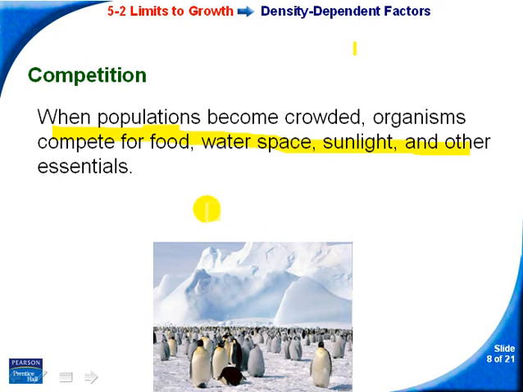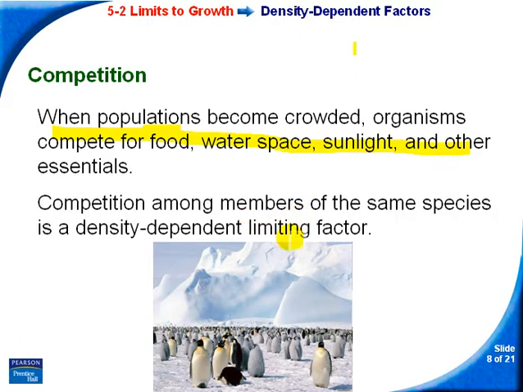These penguins, I put these penguins down here because it seemed to be a pretty densely populated area, and this is what we call intraspecies competition, when they're in the same species. These guys are competing for the same space, food, mates.